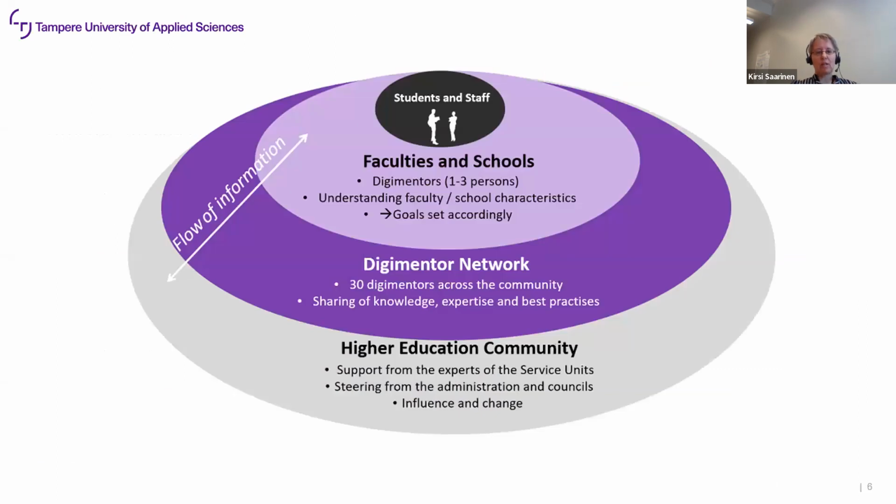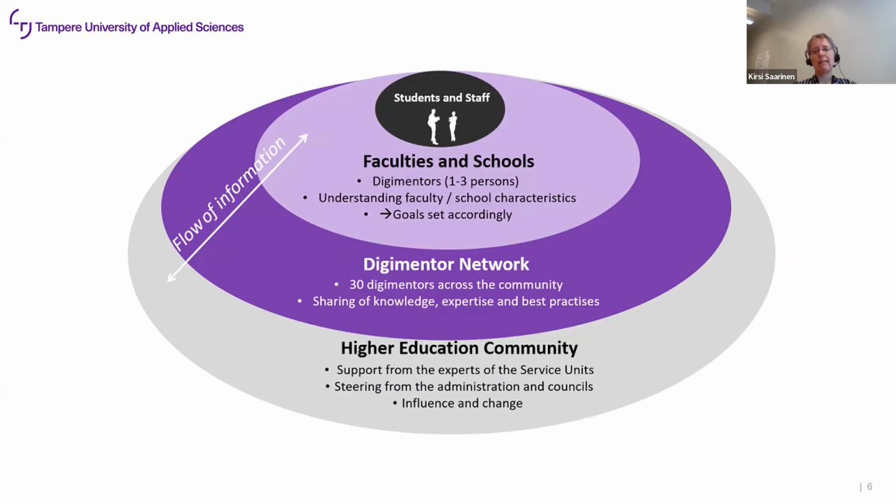I'll move on to this Digimento network, and this is a picture of a ball, you could call it, or a curling stone. In my opinion, it looks like that, but actually it shows the place and the effects of the Digimento network. I'm going to give you more details in a few moments.